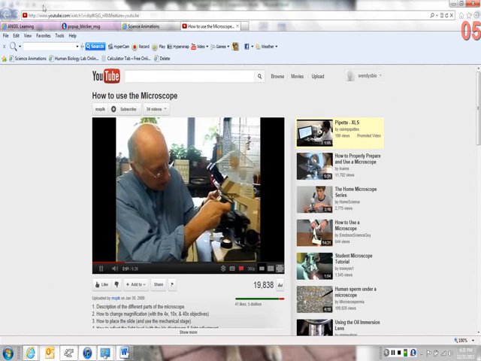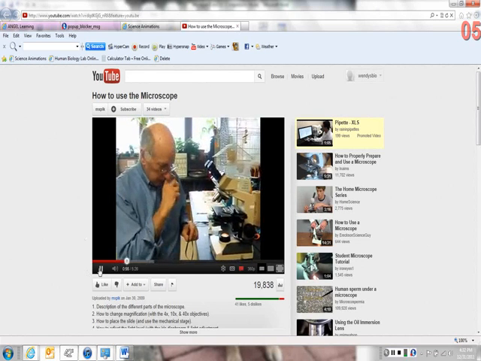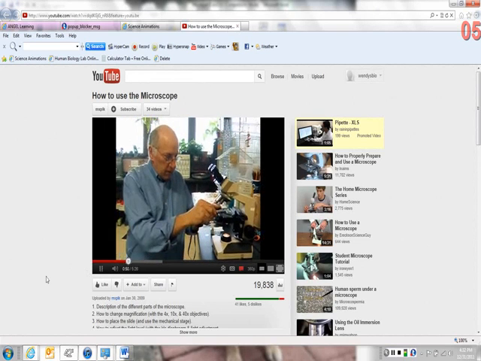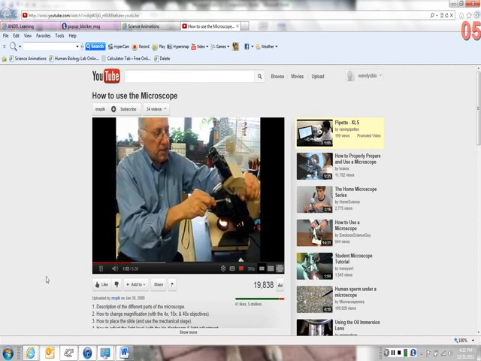When the objective is in the right position, it's locked into place, so you want to make sure that occurs. The microscopes we will be using in class will also have a 100x magnification that we will use with oil.